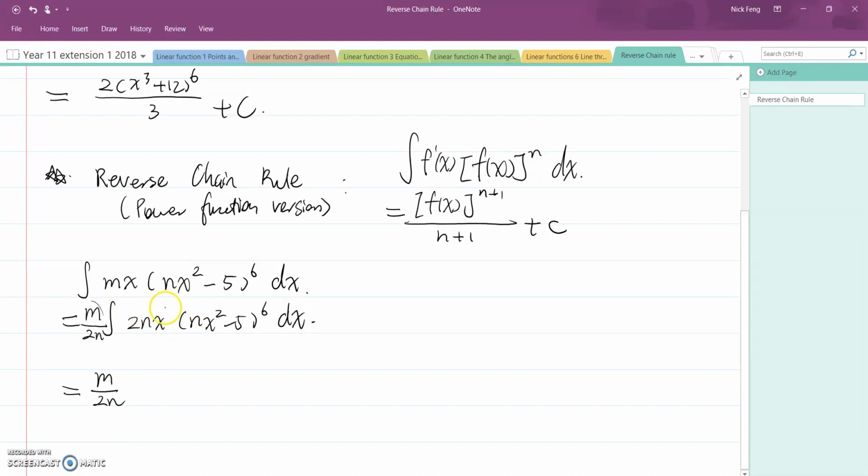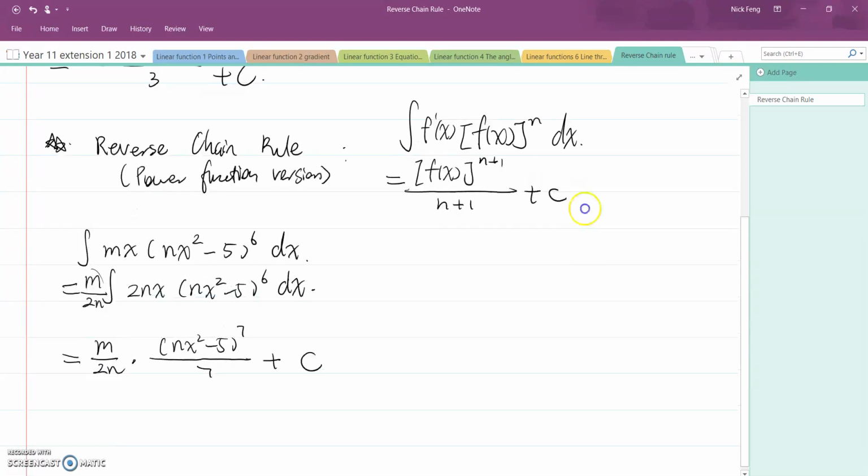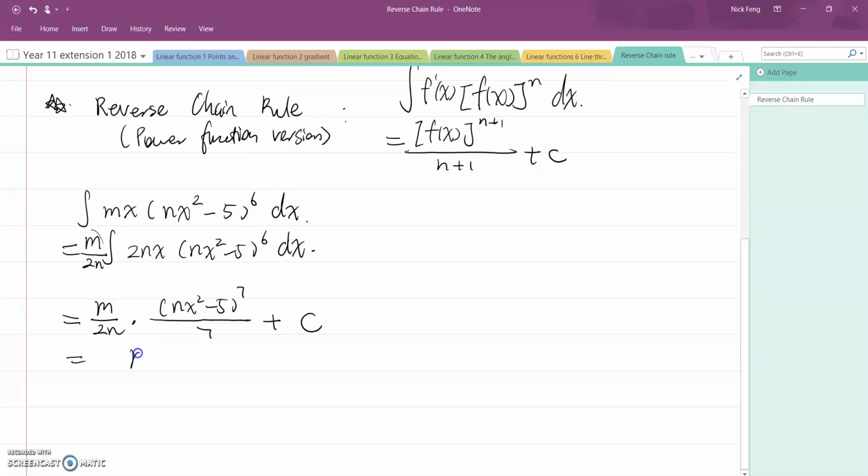Now this is ready to be integrated. In other words, you can treat this as a whole f(x) raised to the power of 7 divided by 7. Therefore, which is m times n x squared minus 5 to the power of 7 over 14n plus c.